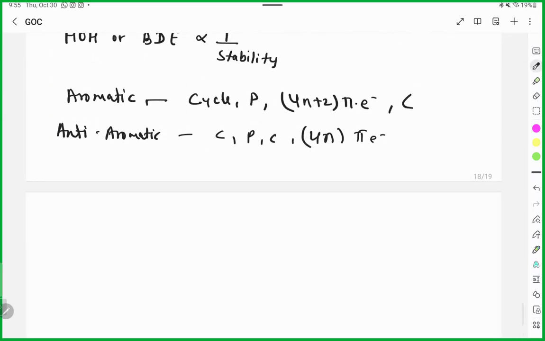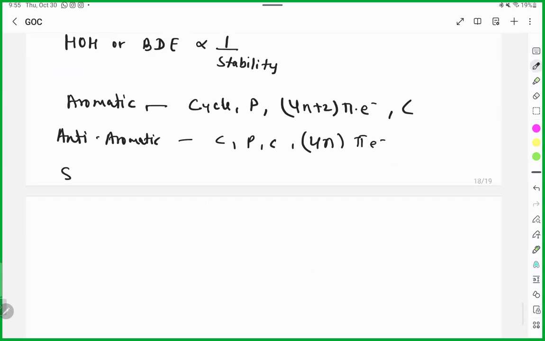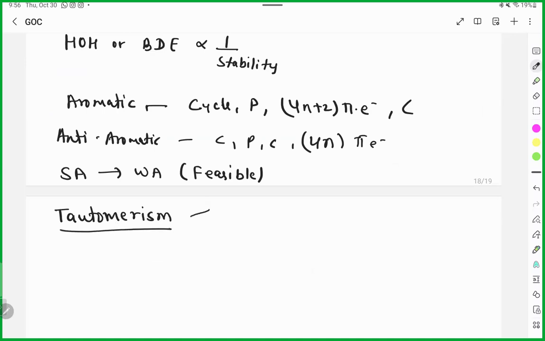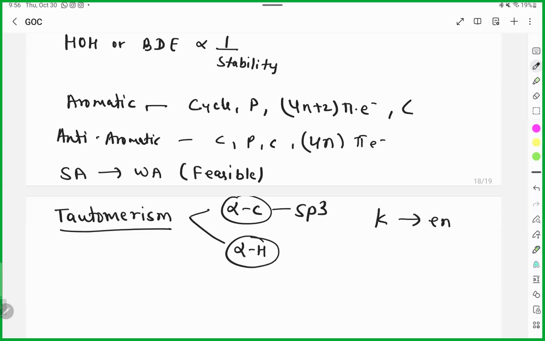Okay. Feasibility of the reaction. If any reaction moves from strong acid to the weak acid, you will call it a feasible reaction. And tautomerization is a kind of isomerism. In this case, you should have an alpha carbon with sp3 hybridization, and you should have alpha hydrogen. And then there will be keto enol form. Keto form converts into the enol form.